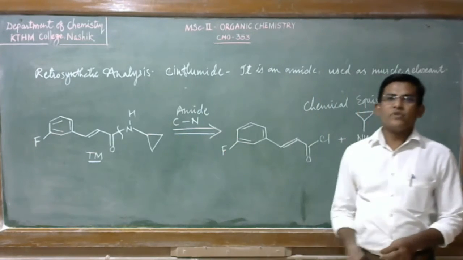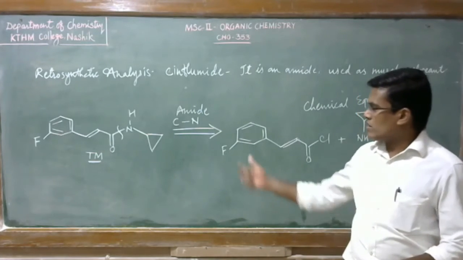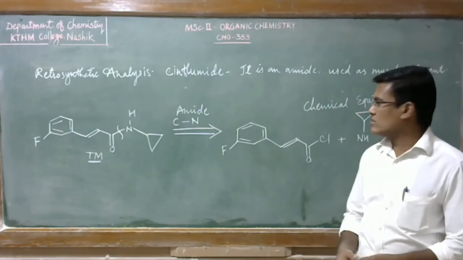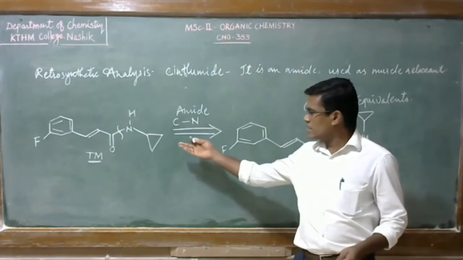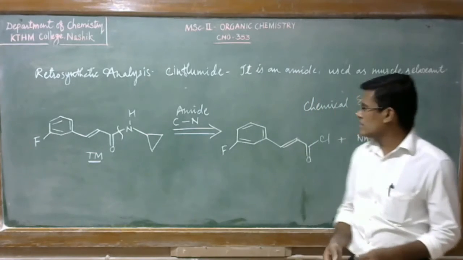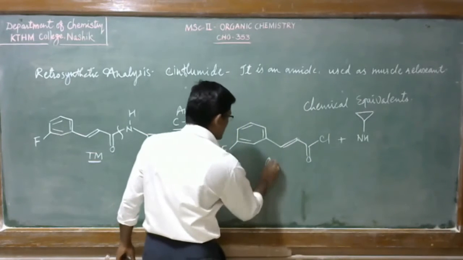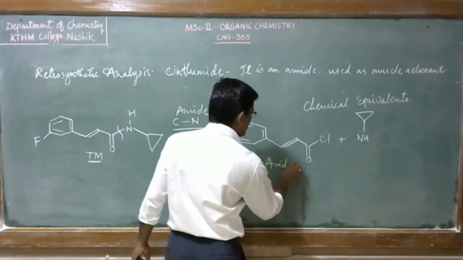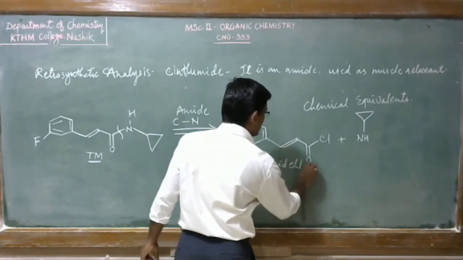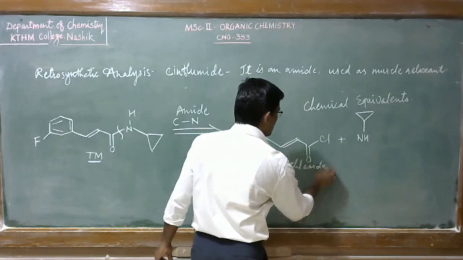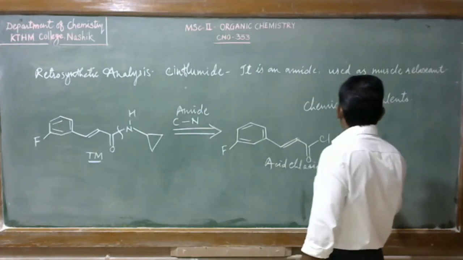These are the obvious disconnections. Whenever you have an amide linkage, it is obvious to disconnect the C-N amide bond to get the acid chloride derivative and the primary amine.